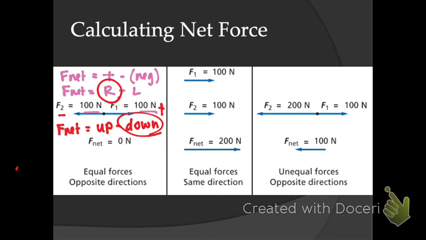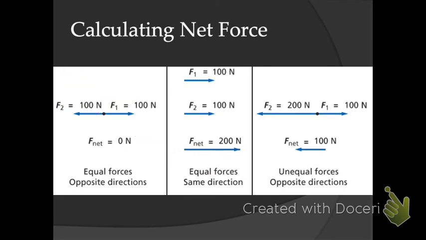That wouldn't work. I've got to keep my x's and y's separate. Are we on the same page with that? Even though this template is really simple, we're going to use it a lot. So if I were going to calculate the net force in this system, I've got 100 newtons to the right, another 100 newtons to the right. So what would my net force be?